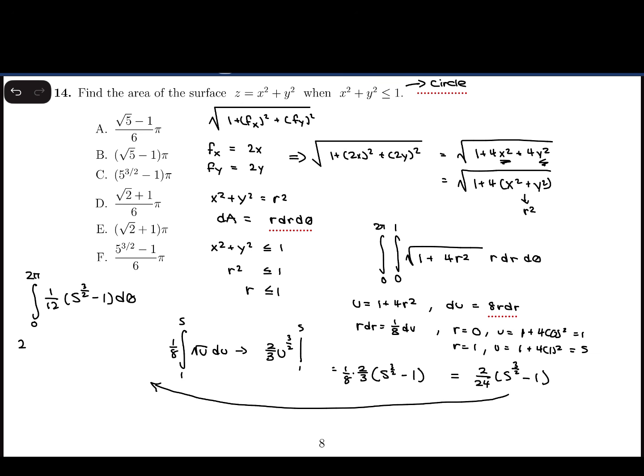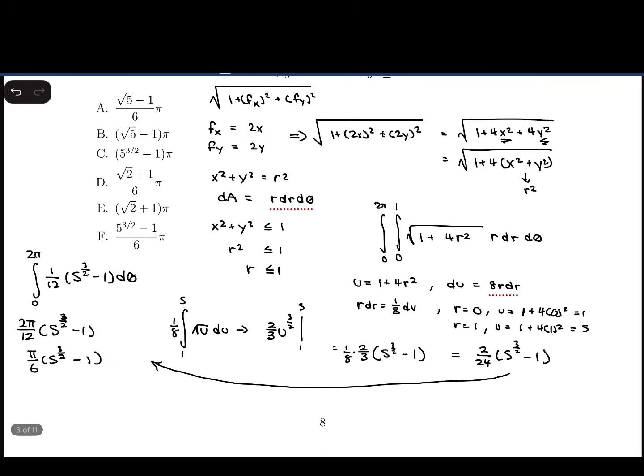So I'll put 2 pi here times 1/12 times 5 to the power of 3/2 minus 1. And if we simplify it down, you get pi over 6 times 5 to the power of 3/2 minus 1, which in this case gets us the answer.